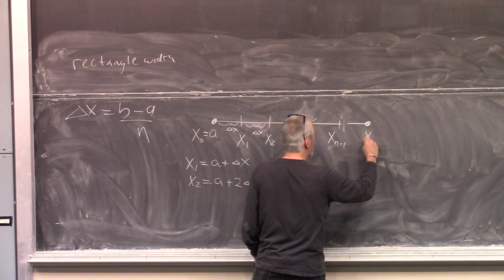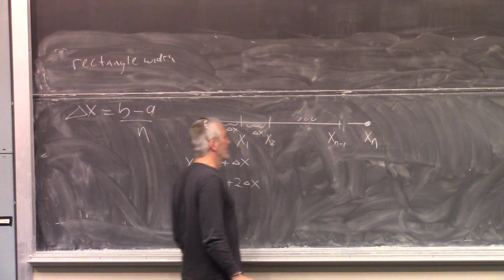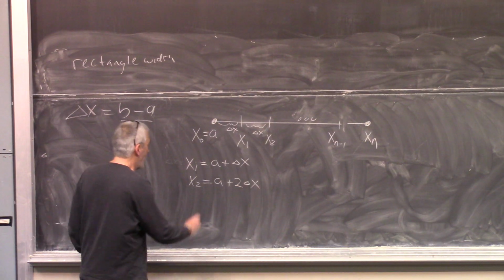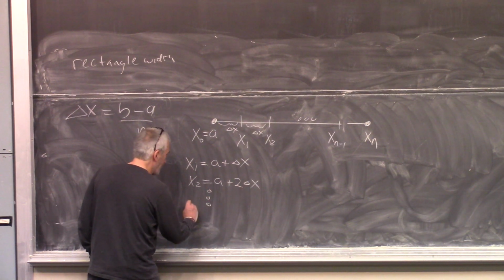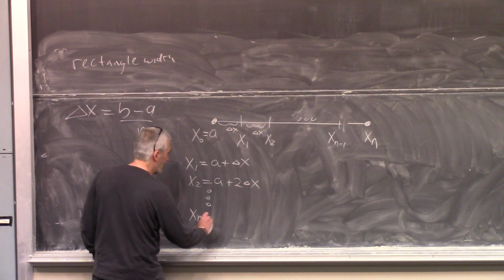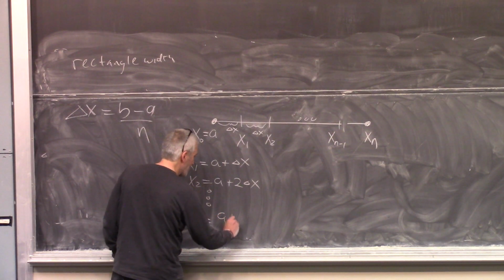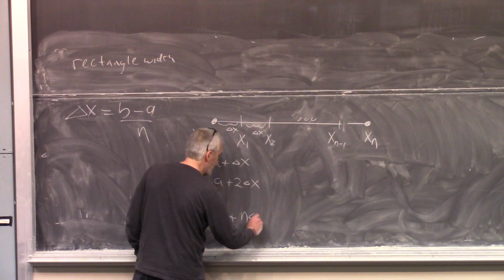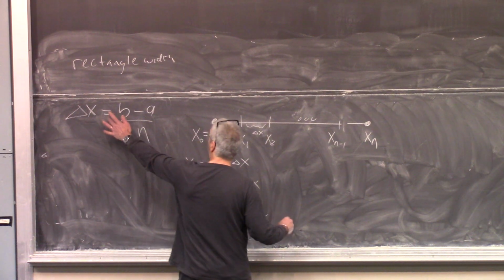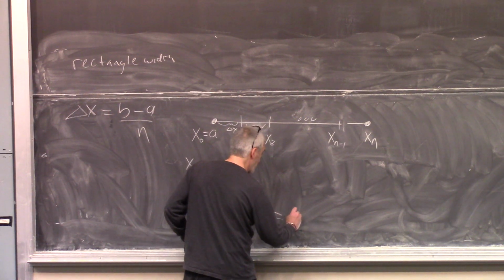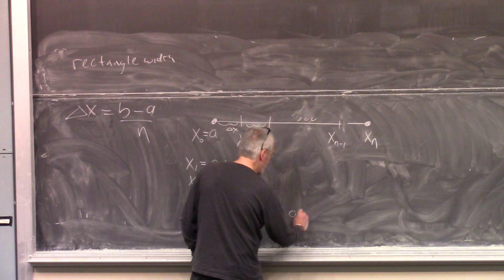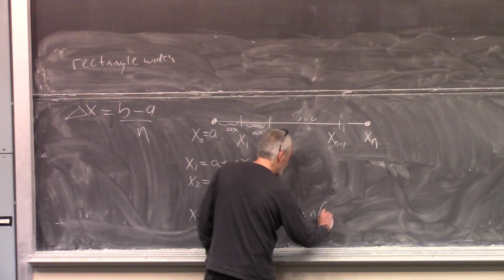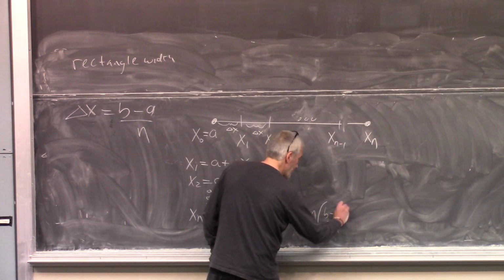Now the last one is supposed to be called xn. Well, let's see what the pattern is. If I do that all the way to the end, x subscript n should be a plus n delta x. Oh, but we know what delta x is. It's that thing. So x subscript n is a plus n times b minus a over n.